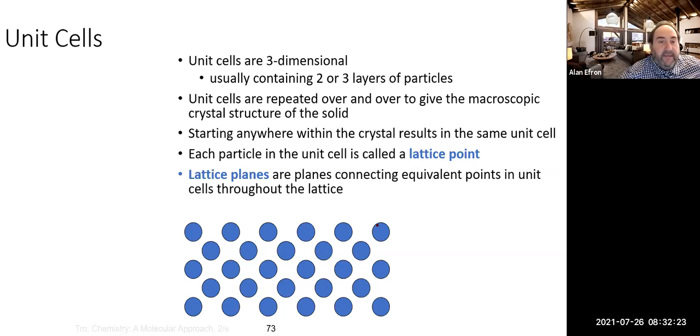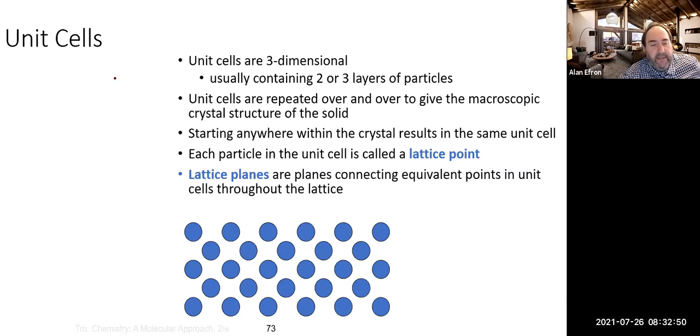Unit cells repeated over and over give the bigger crystal structure, rebuilding the entire structure from this one little part. Starting anywhere within the crystal results in the same unit cell. Each particle in the unit cell is a lattice point. Lattice planes are the connections between these unit cells.